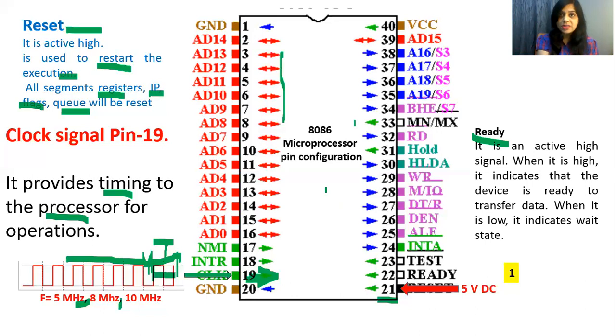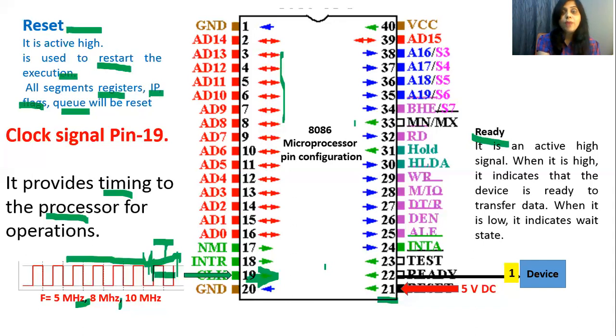So what happens? All these devices are slow as compared to 8086, because 8086 is a high-speed processor which operates at 5 megahertz, 8 megahertz, or 10 megahertz. And hence, that may create a problem while transferring data from the processor to an input output device or from an input output device to the processor.